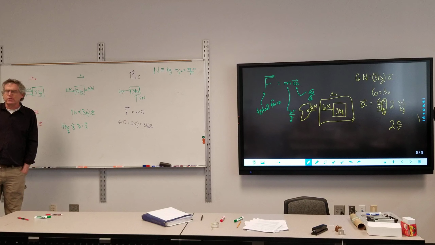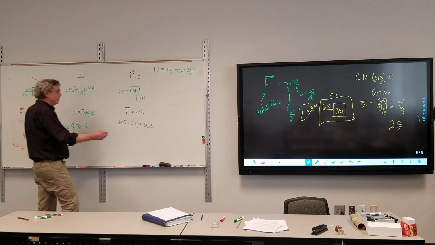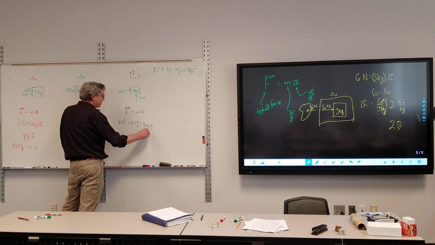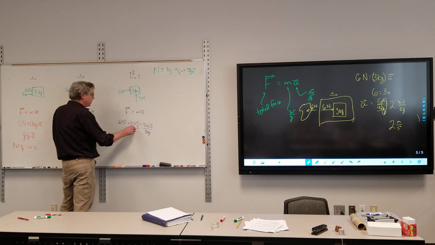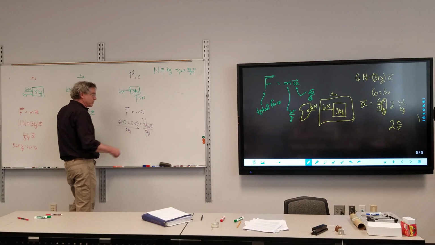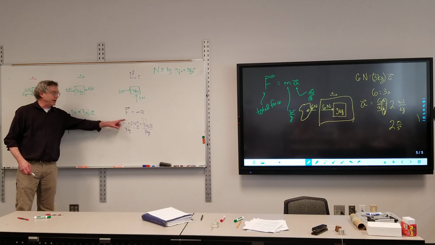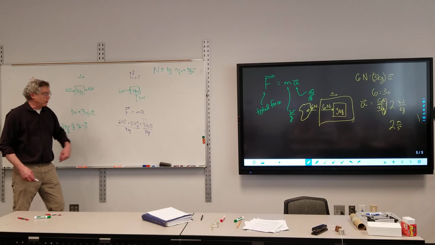How do I solve for acceleration now? Divide this side by 3 kilograms. Divide this side by 3 kilograms. They cancel out here. I'm left with just acceleration all by its lonesome self. Now over here, I have 2 things I'm dividing by 3 kilograms.